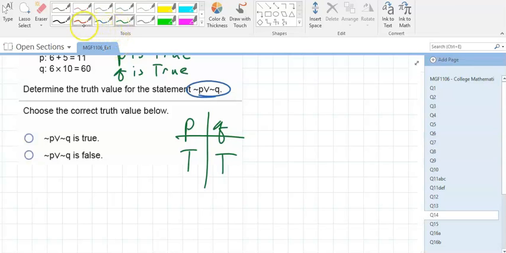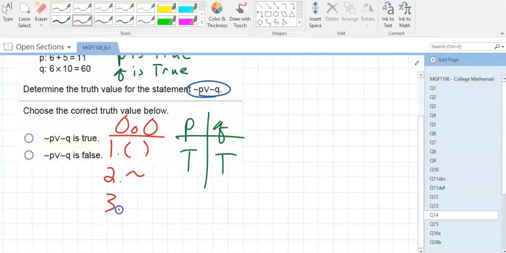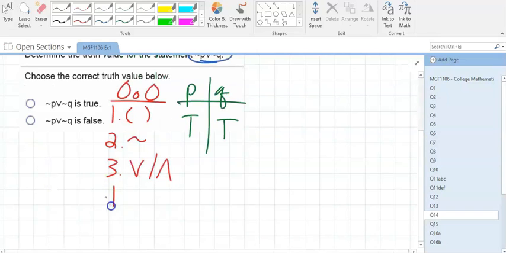So remember when I talked about these in class, I gave you your own order of operations for these. Again, you're going to start with parentheses. Then you'll move to negation. Then you'll move to ands and ors. And then you'll move to your conditionals.